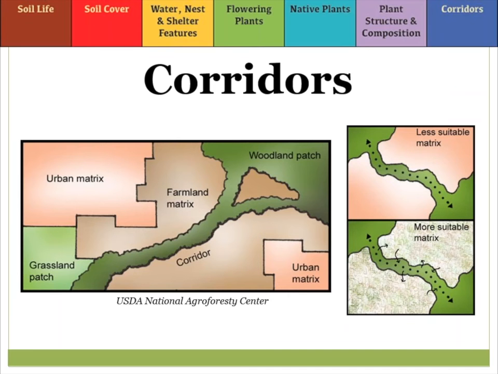And corridors, our last piece of this complexity, are helping to knit together all these different kinds of small flowering habitats or bigger pastures that have plant cover, native plants and hedgerows and riparian areas.